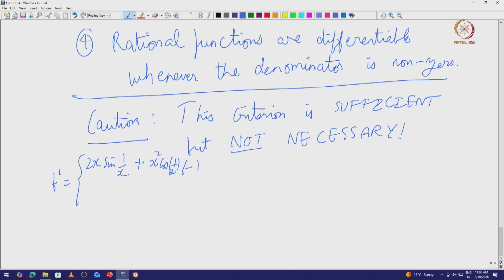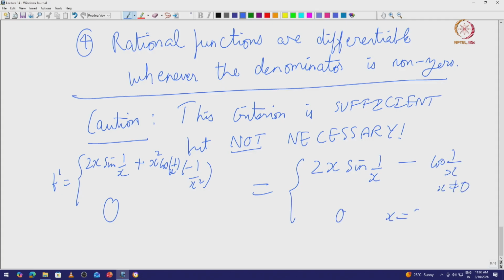Times minus 1 by x square and 0 as it turns out. So this is not continuous.